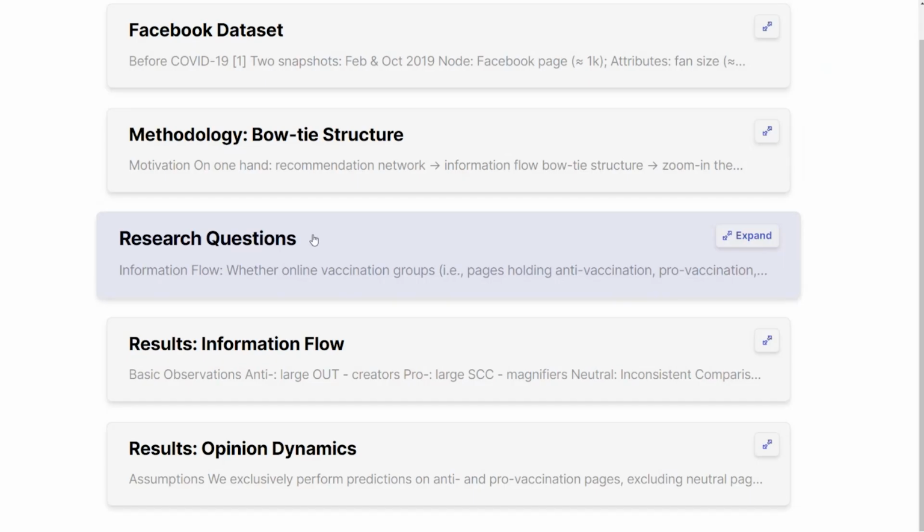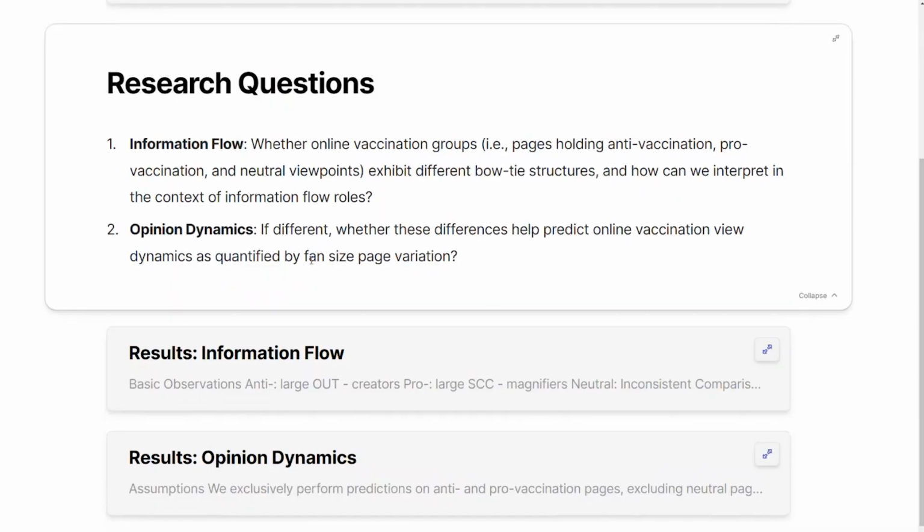Inspired by the dataset research and also the methodology, we asked the following research questions. The first one is about information flow: whether online vaccination groups, that is pages holding anti-vaccination, pro-vaccination, and neutral viewpoints, exhibit different bow tie structures, and how we can interpret this in the context of information flow.